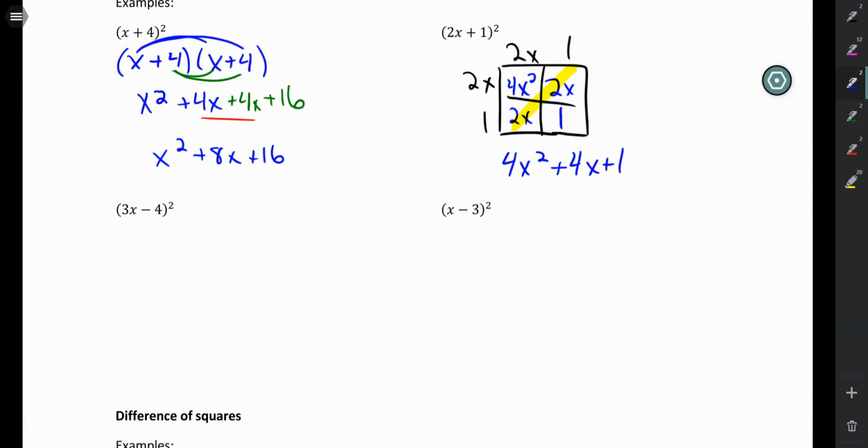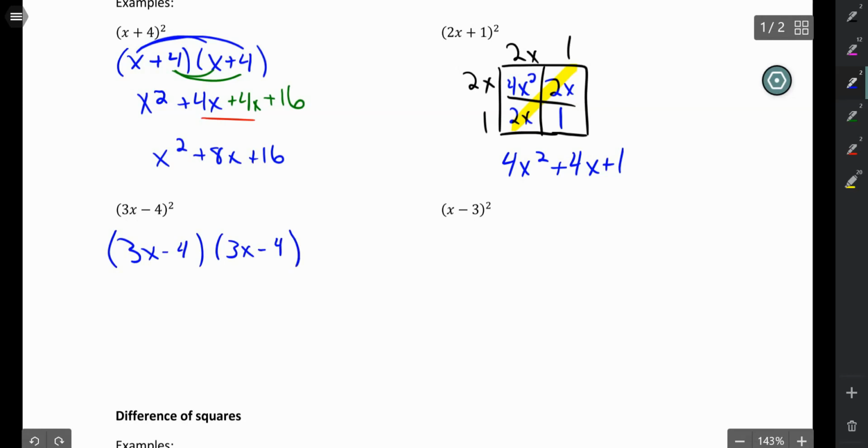So again, remember, if we've got that squared, right, we're not distributing this because we've got a minus in the middle. This means I'm taking this phrase and multiplying it twice. So we've got (3x - 4) times (3x - 4). And then I double distribute. So 9x squared, that first term squared, 3x times negative 4 is negative 12x.